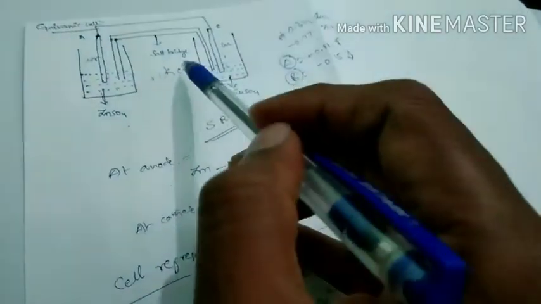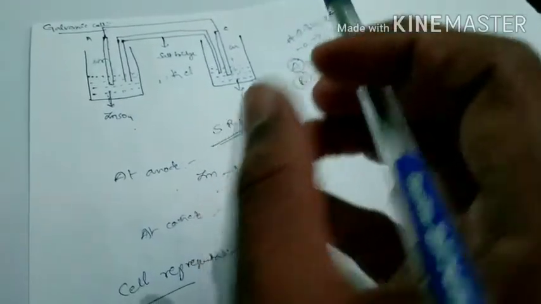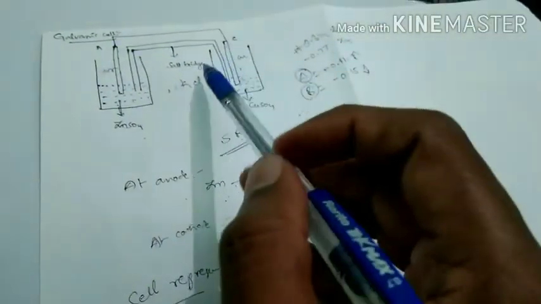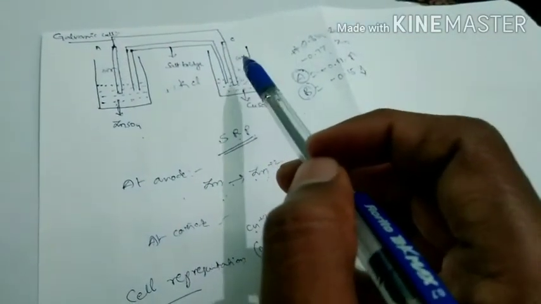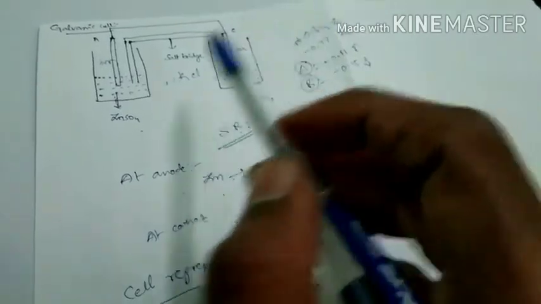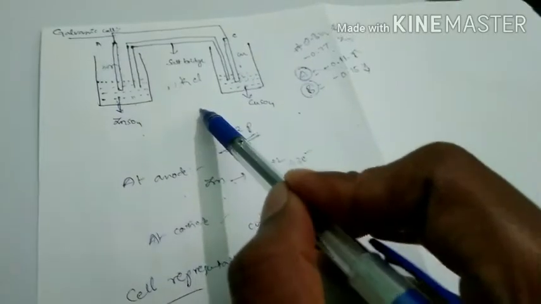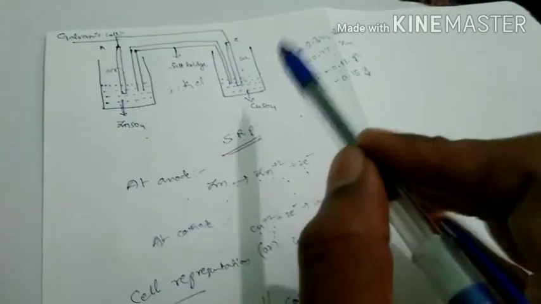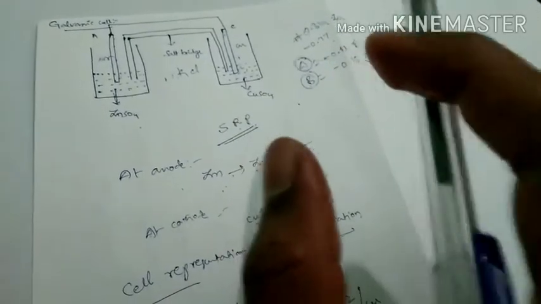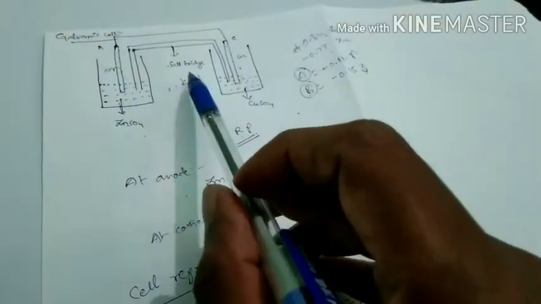If we need a steady current, with no disturbance, we should take a salt bridge. If the salt bridge is not there, after some time the cell will be dead and electricity will stop. So the purpose of the salt bridge is two points: one is to maintain electrical neutrality, and another is to allow the steady flow of current.